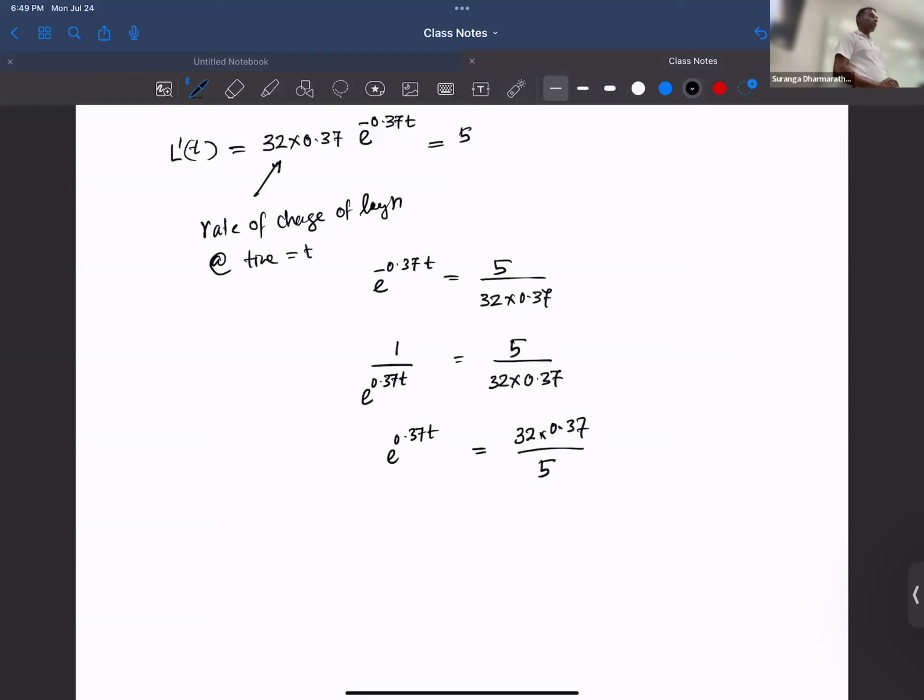If it doesn't make sense, let me know. It's like this: x to the power negative 1 is equal to 1 over 5. So what is x equal to?